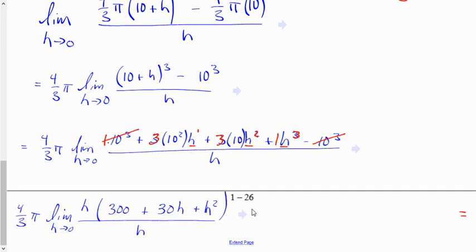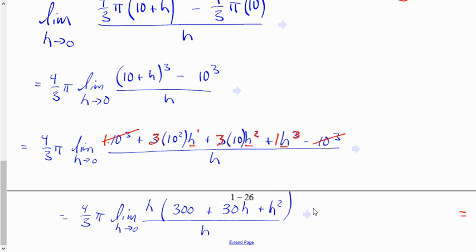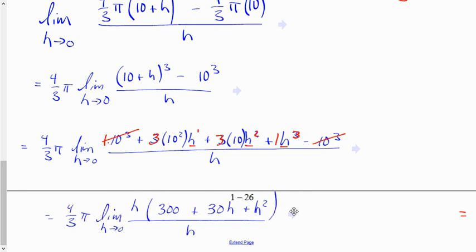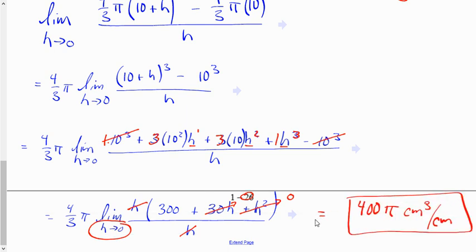The common factor can cancel out, and then any leftover h's are approaching 0. So this is going to 0, that is also going to 0, and we get 400 pi cubic centimeters per centimeter. And again, we don't want to reduce the units because the units have meaning as they are.